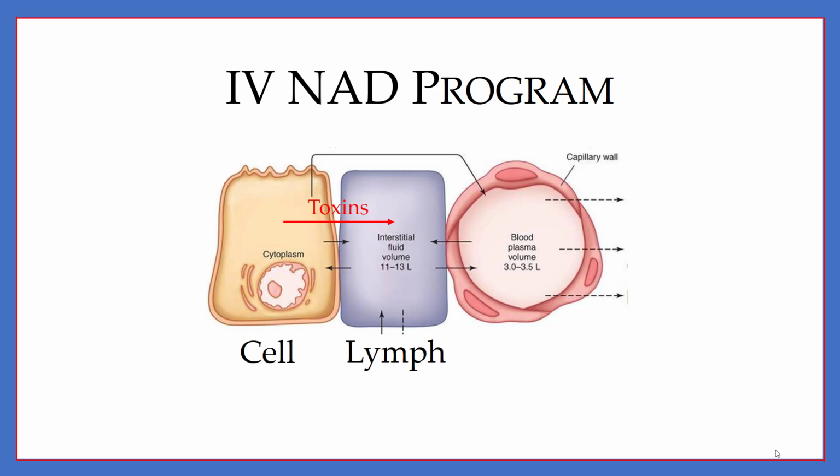And one issue that is not addressed with most of the IV NAD therapy you'll find online is that there need to be additional supportive therapies to help drain these residues that are coming out of cells. Otherwise, they'll circulate around. So we've got the blood liquid, the fluid inside cells, and the lymph fluid. Lymph basically bathes all the cells of the body.